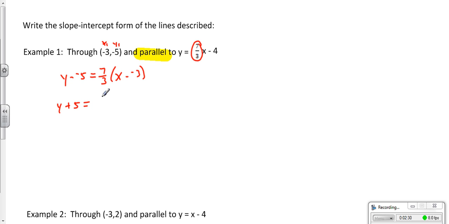Okay, so I want to clean this up a little bit. Okay, because minus negative is positive. So we want to put it in slope-intercept form, so we distribute. And 7/3 times 3, which is the same as 3 over 1. Top times top, which is 21. Bottom times bottom, which is 3.